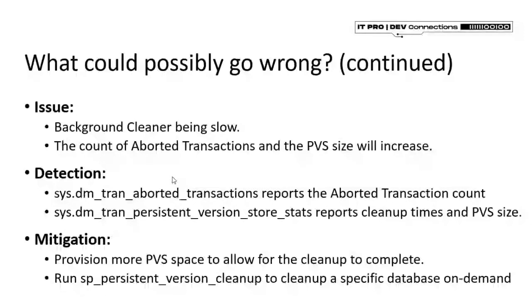But if your database is huge and you have a large number of updates, this can take a while. During this time, you can monitor it using the DMVs, sys.dm_tran_aborted_transactions, or the previous one that reports cleanup times and the size of the persistent version store. But at the end of the day, you have to provision a little bit more space for PVS until the cleanup process completes.